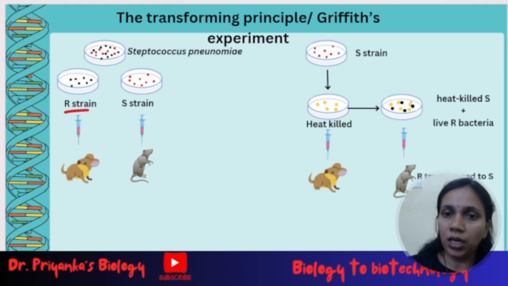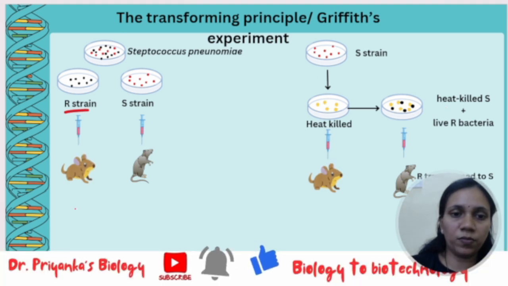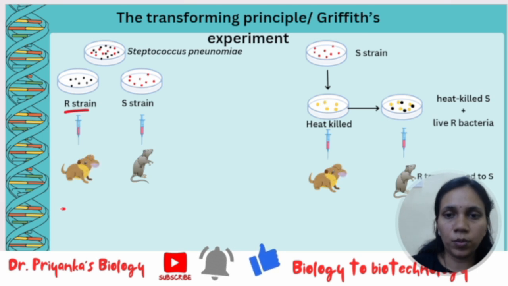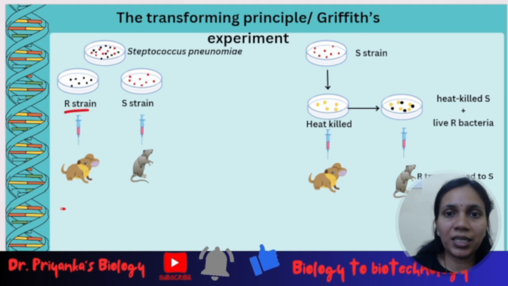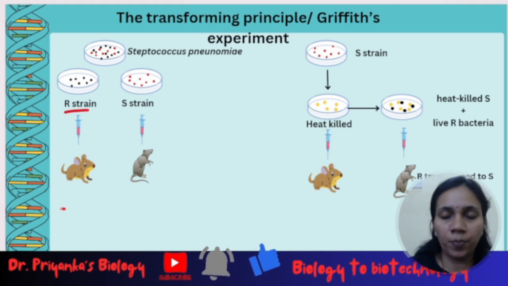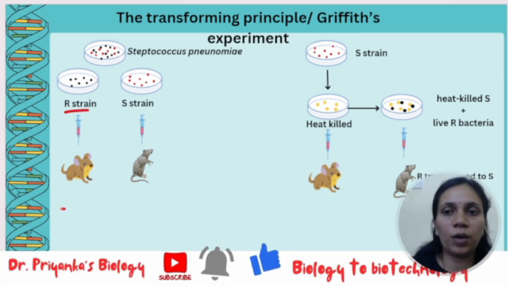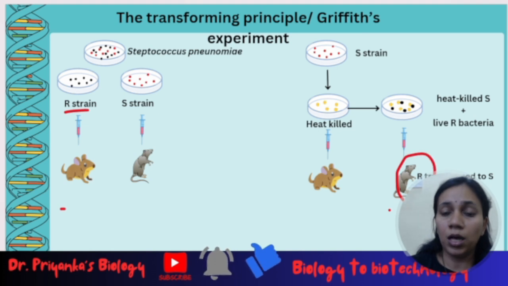But actually, if this was the earlier situation, then the mouse shouldn't have died because he had killed the S strain bacteria. So according to him, all the S strain bacteria should have died, and in the mixture of heat killed bacteria and live bacteria, only the live bacteria should be alive and it shouldn't have killed the mouse. But what had happened was it had killed the mouse.